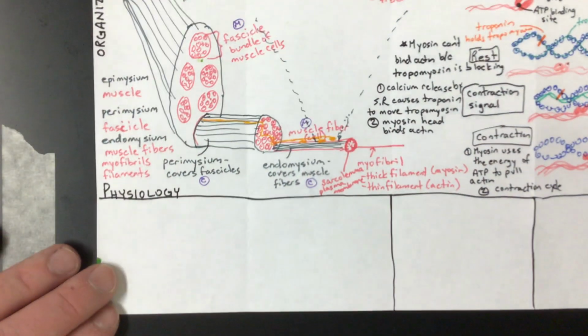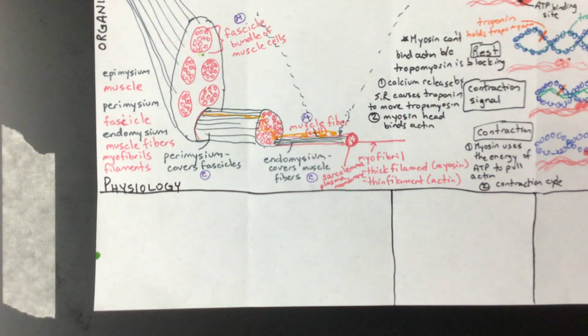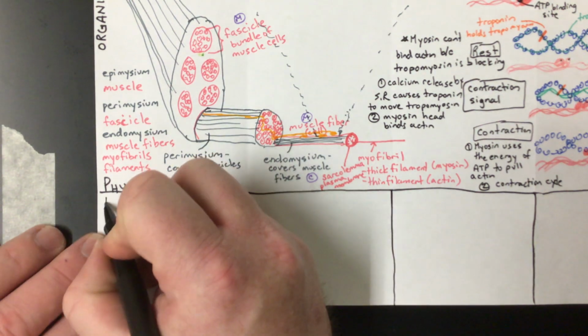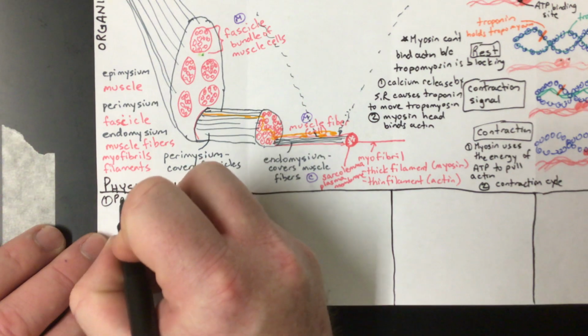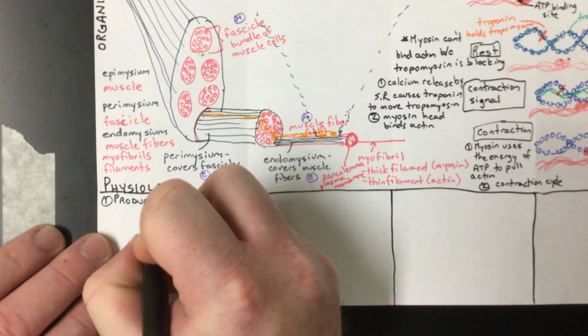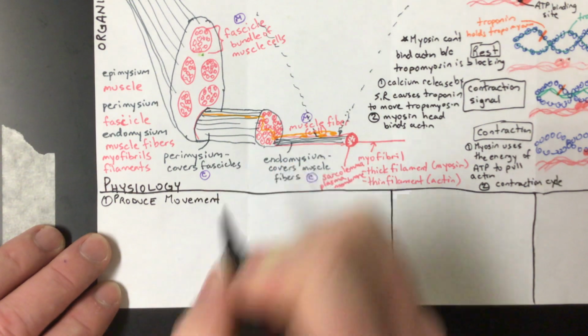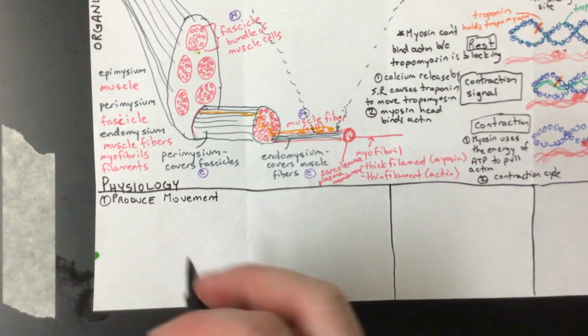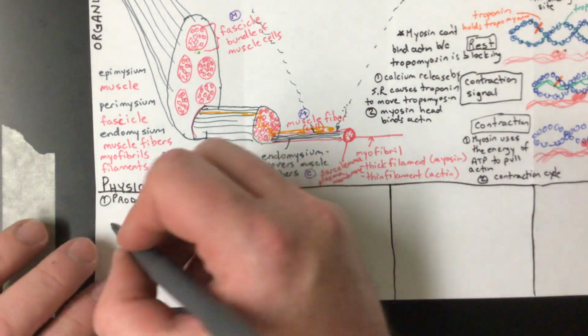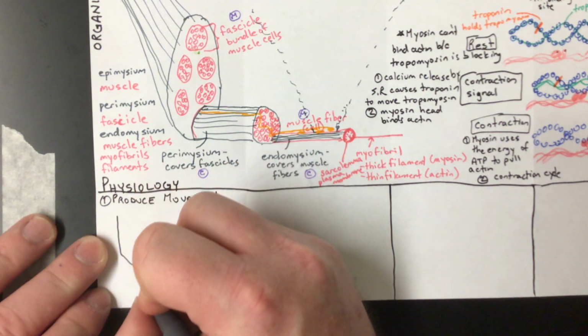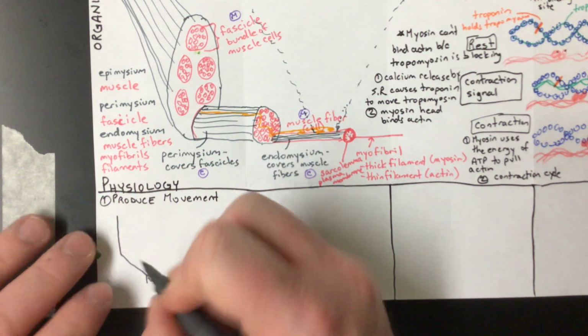Now, all we have left here is some physiology. And this part's going to go pretty quick. The main function of muscle is to produce movement. So again, we'll draw our arm here.